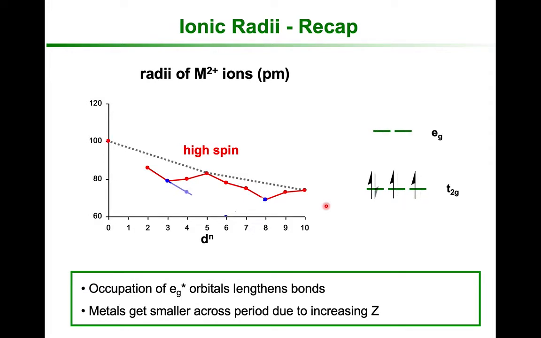All right, here's to add in the low spin complexes, so low spin d4. So compare high spin versus low spin d4. The low spin d4, the bond is shorter. d5, d6, d7, and d8.